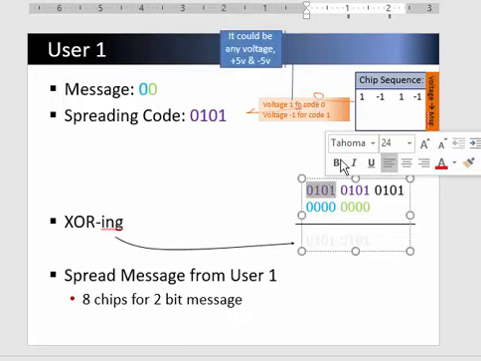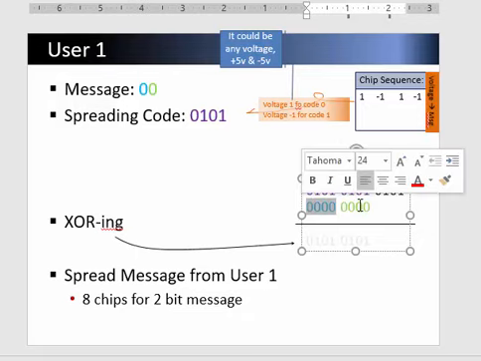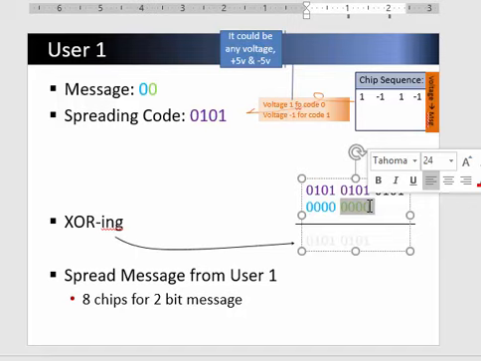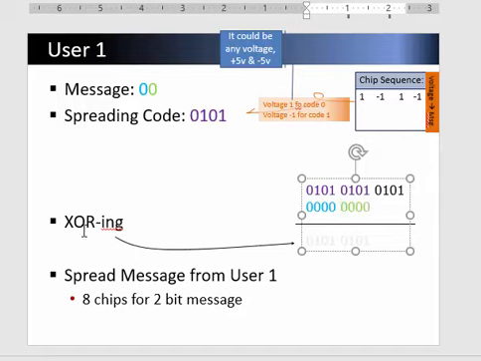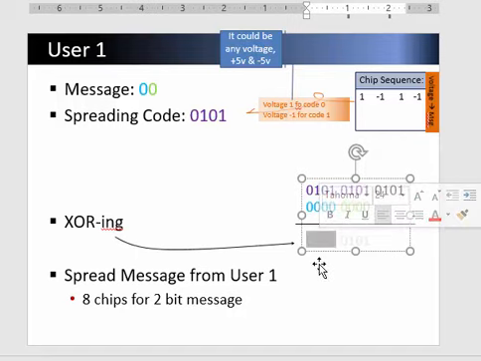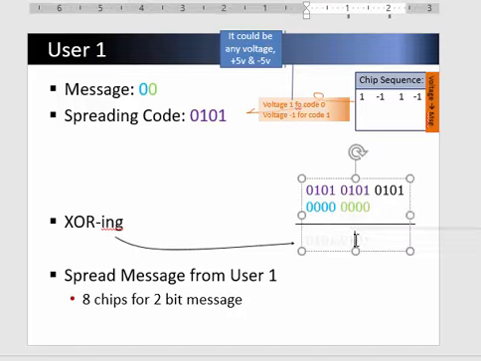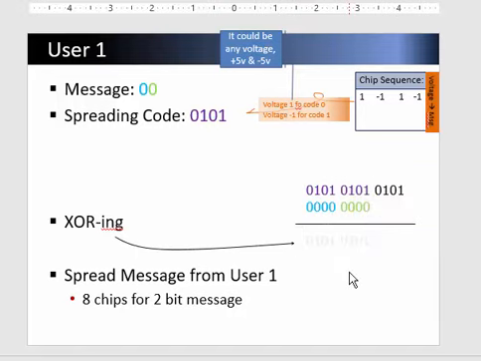For the first chipping sequence, we copy the 0 across, and for the second chipping sequence, we also copy the second 0 across, and then we apply exclusive OR. Then it will be 0, 1, 0, 1, 0, 1, right? Same thing, 0, 1, 0, 1.